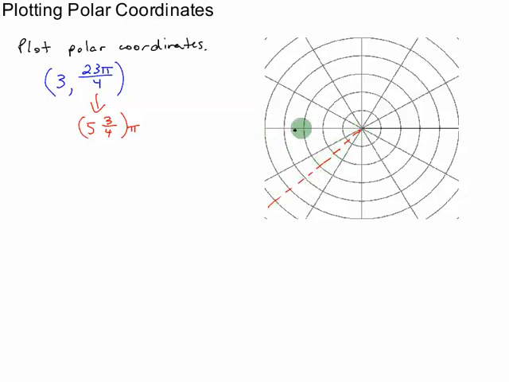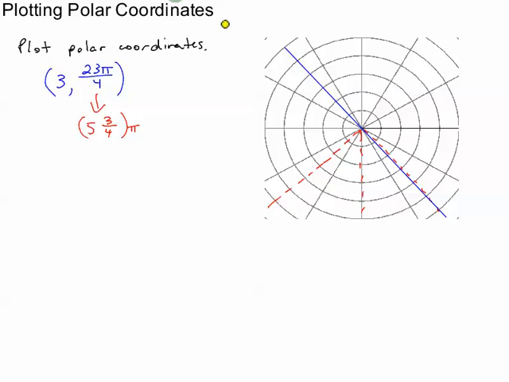So if I'm here and need to go 3/4 pi, here's 1/4, 2/4, 3/4. So the axis I'm referring to this time is this axis on 3/4 pi, which extends across the origin.